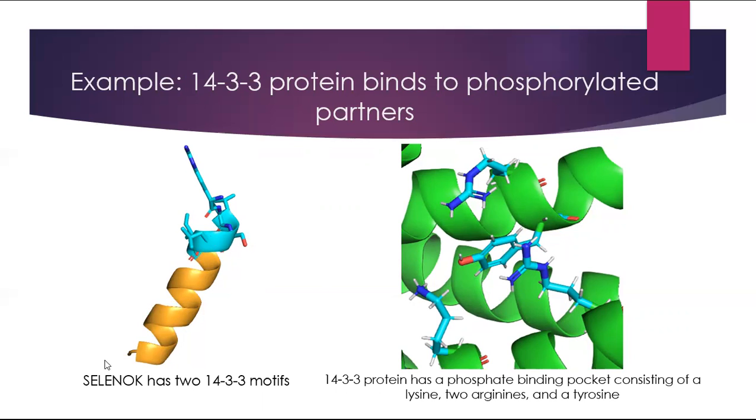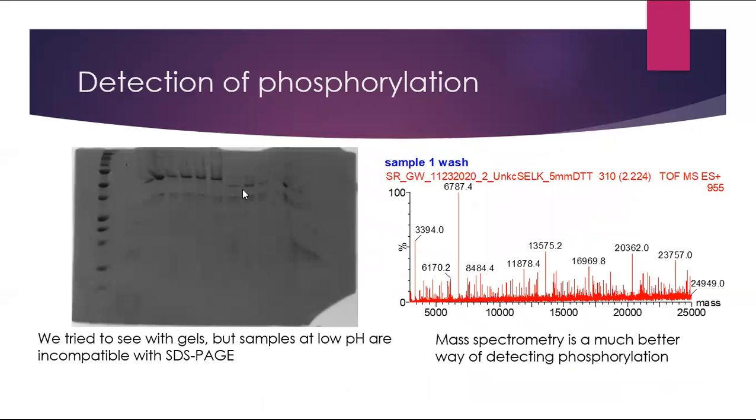Again, because of its somewhat hydrophobic nature and very distorted nature, it's very tricky to determine what the full structure looks like. We can detect phosphorylation in two different ways.